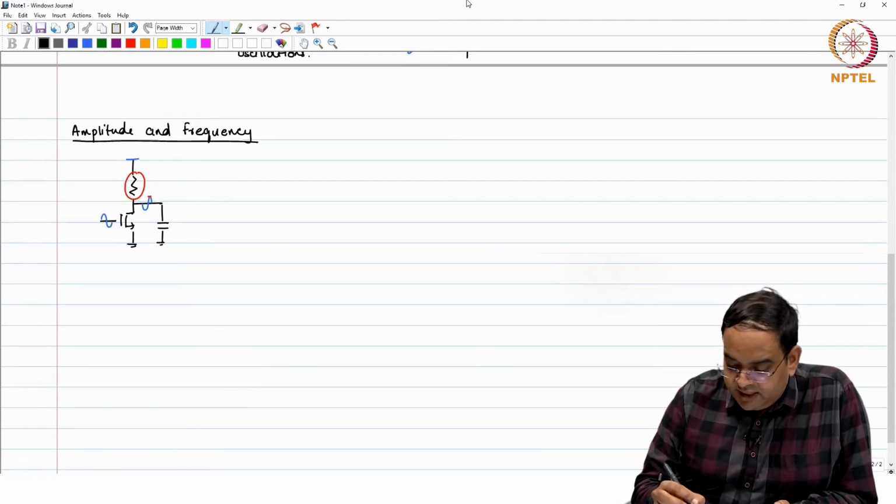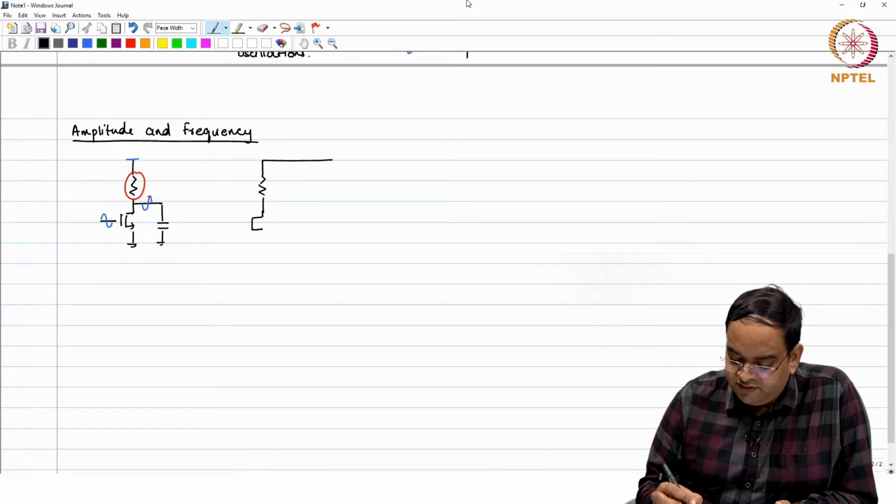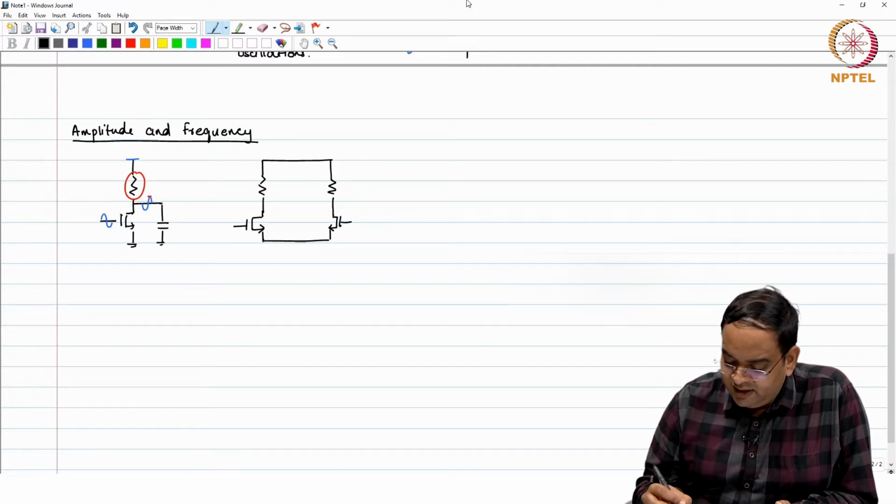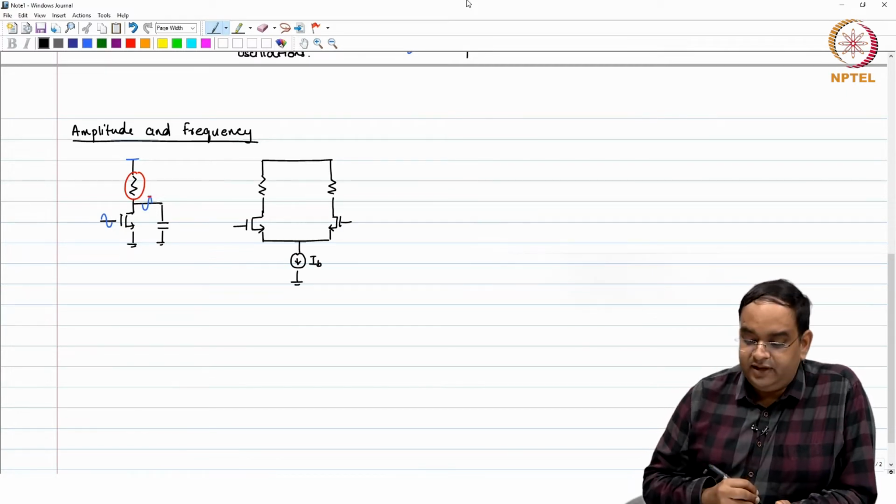So, as an example, let us look at a simple circuit like this, where you have a differential pair as the input and with a fixed current IB. This current is realized with a MOSFET, but this current is fixed here, IB.